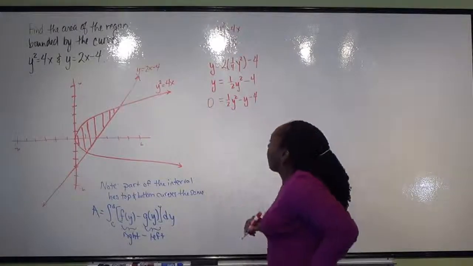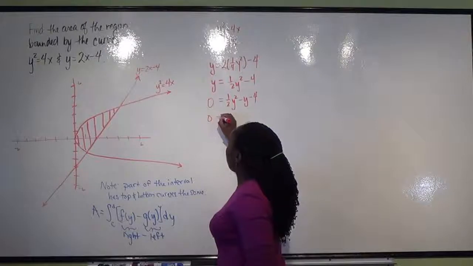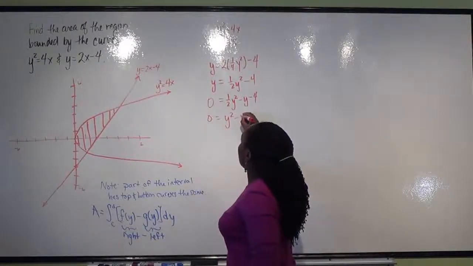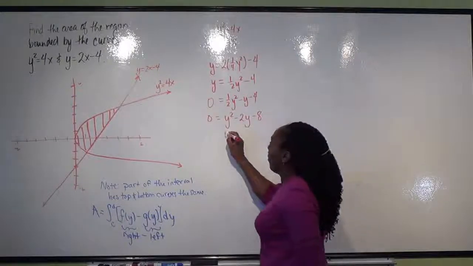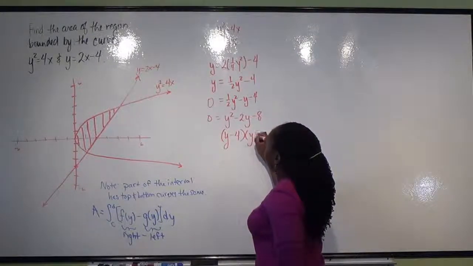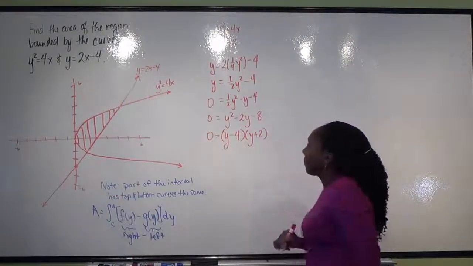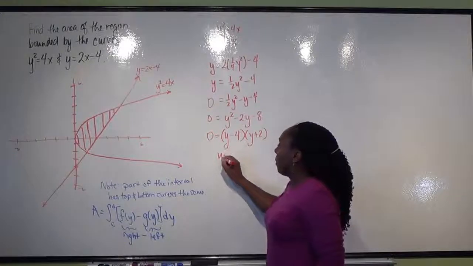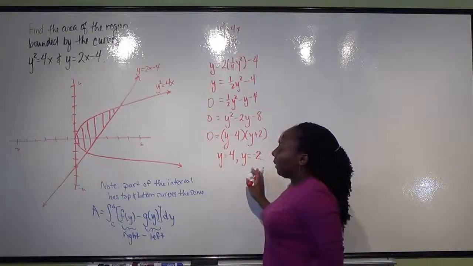You can go ahead and multiply through by 2 just so we can get rid of that fraction. And we can see this will factor nicely to y minus 4, y plus 2. Okay, so y will equal 4 or y will equal -2. And that makes sense.